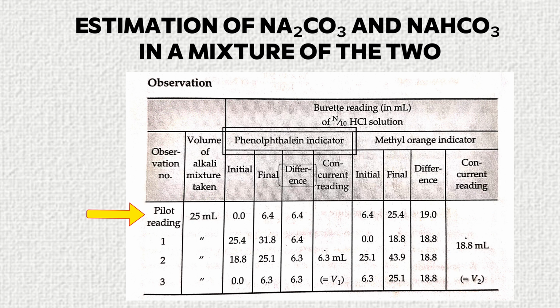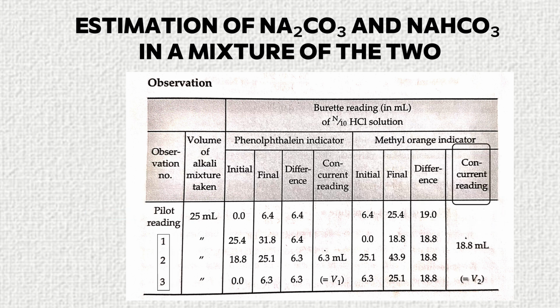So, the difference or titer value is 6.4 milliliters. For methyl orange indicator, the initial burette reading was 6.4 milliliters, and the final reading was 25.4 milliliters. Hence, the difference or titer value is 19.0 milliliters.